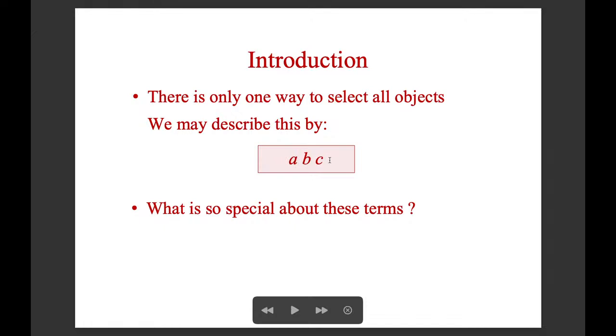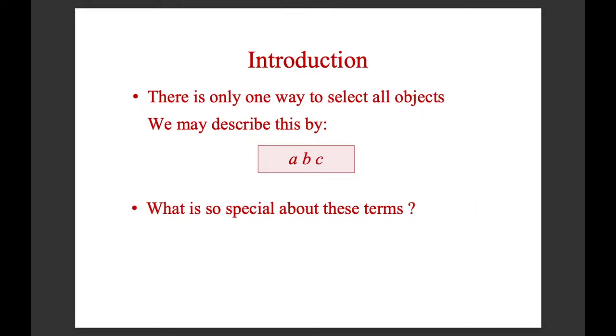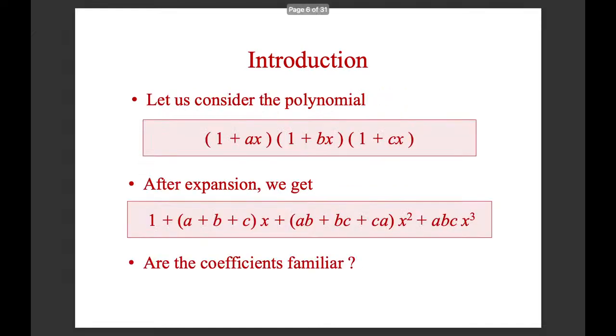Now, if we look closer into these terms, A plus B plus C, AB plus BC plus CA, and ABC, we can actually obtain them by this. Suppose that we look at this mathematical polynomial: 1 plus ax, multiplied with 1 plus bx, and then multiplied with 1 plus cx.